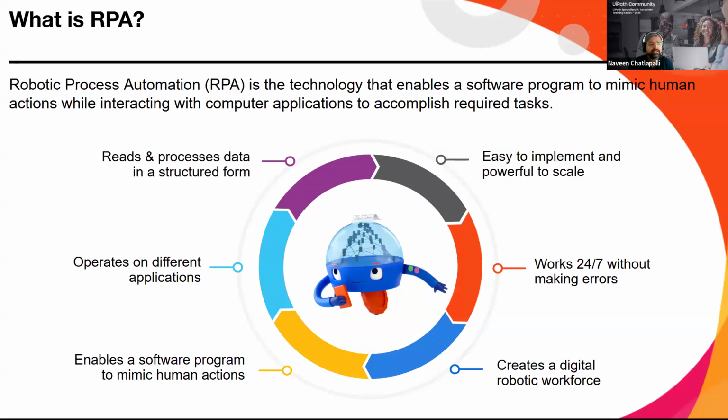And the key features here are, it is easy to implement. Anyone who doesn't have enough software coding knowledge can also come here and implement these RPA automations. And it is very powerful to scale based on the architectures that we provide and the flexibility of scaling it enormously. Once you develop an automation, you can put the same automation in the other person's computer or in multiple other team members' computers, which runs in the same way, but it has to have the same playground that person A had, right?